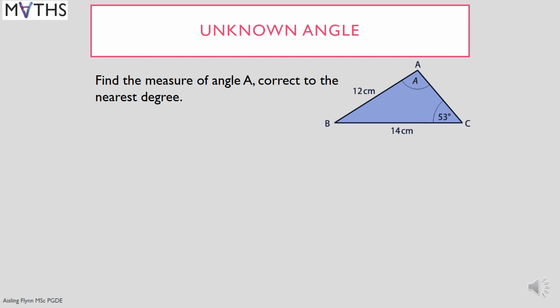Angle A, that's what we want to find out, goes with side 14, it's opposite, and angle 53 degrees goes with side 12. There, so there's our two pairs, and out of the 4 things in the pairs you can only have one unknown, which is grand. And this time our unknown is an angle, so we're going to go with the version of the sine rule where the sines of the angles go on top.